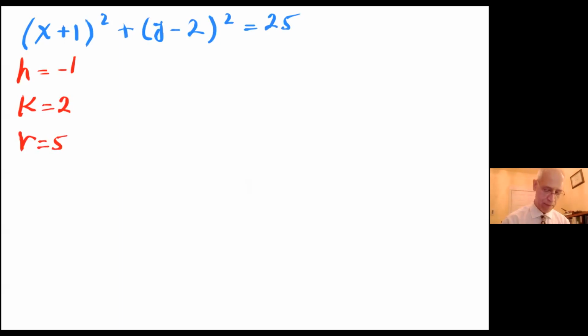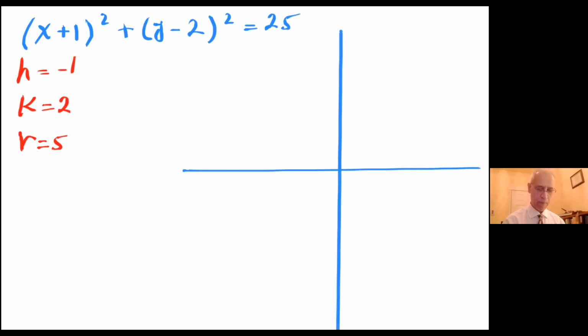So here it is, x and y, and negative 1 and positive 2.